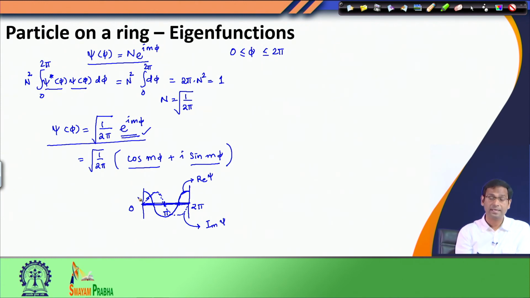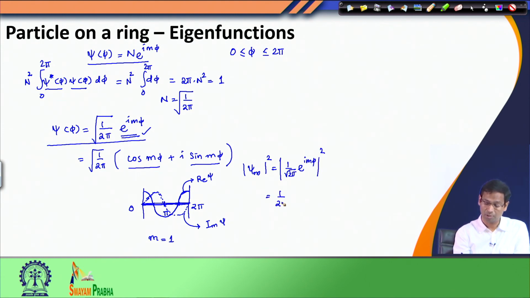If you take the probability density of this wave function, and I am drawing this wave function for m equals plus 1, you would see that I have 1 over 2 pi e to the power i m phi, which gives simply 1 over 2 pi.